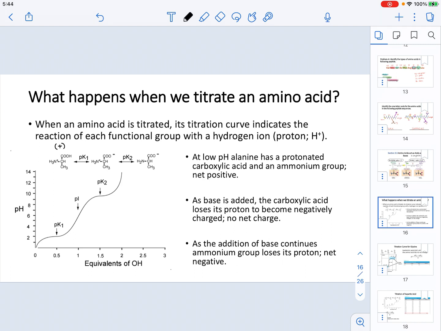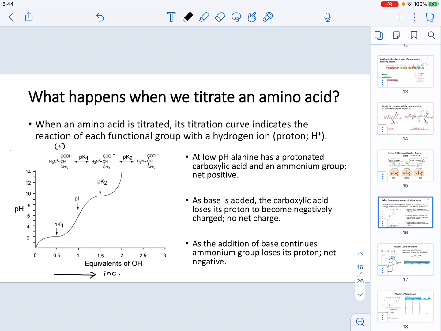Here in the x-axis, we have the equivalents of hydroxide. As we move from left to right, the amount of sodium hydroxide we're adding increases. And on the y-axis, we're tracking the changes in pH.